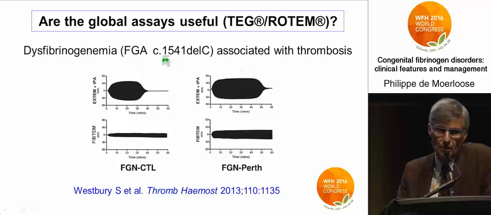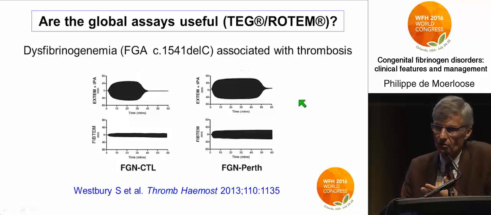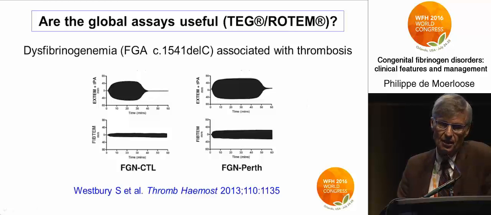One example is what is called fibrinogen Pulse, and this is associated with thrombosis. And when you do an ExTEM and you add tPA, you see clearly the difference between a control and a prolonged and poor fibrinolysis in these patients. But there are few studies right now, and obviously, you cannot study the afibrinogenemic person. It's really for dysfibrinogenemia that it could be of some help.